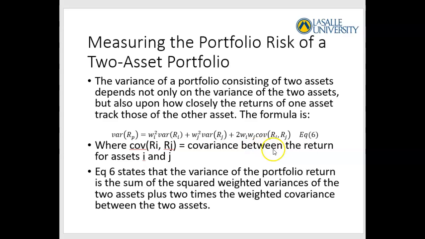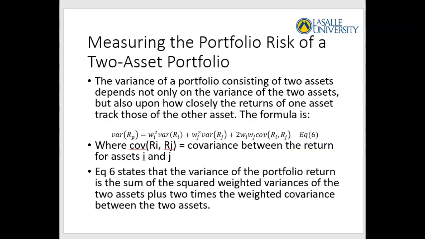This refers to the covariance between Ri and Rj. Now, in order to understand why the portfolio includes not just the sum of the variances but also the covariance, we have to understand the mathematical properties of the variance.